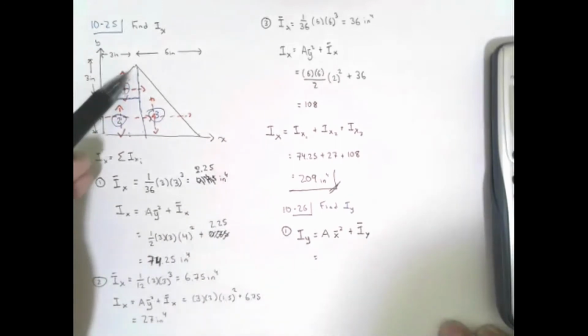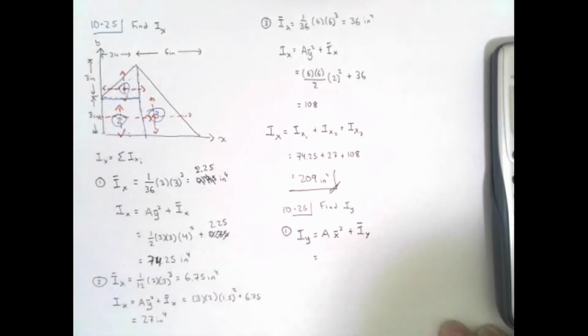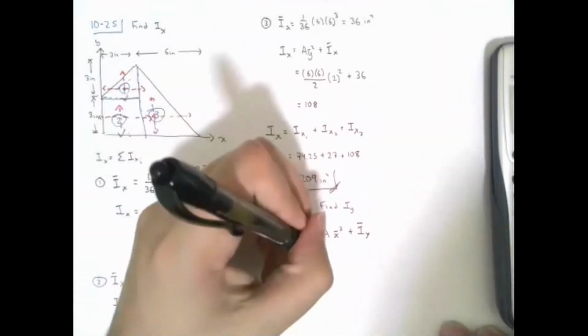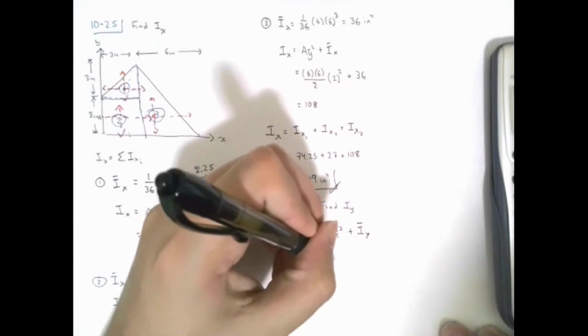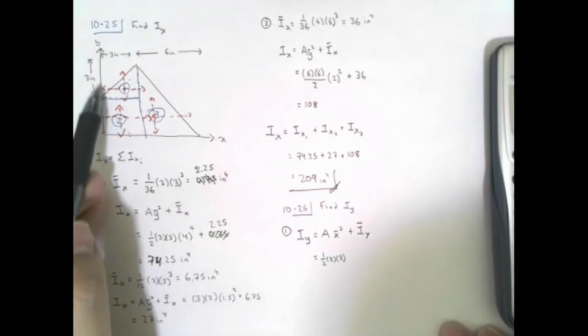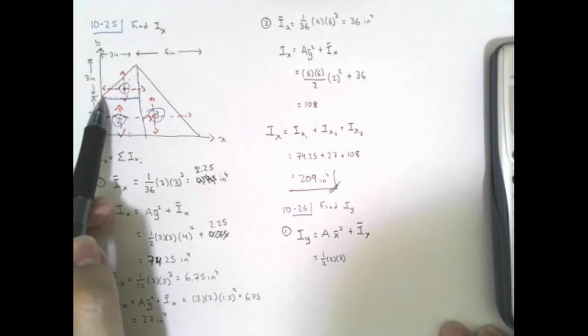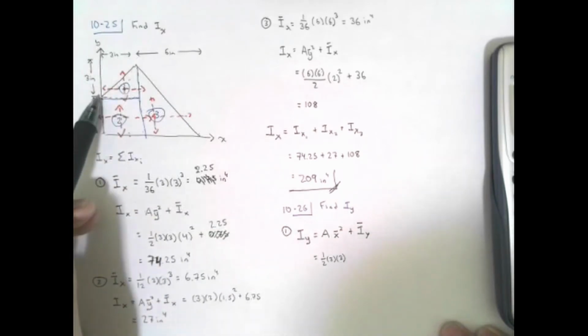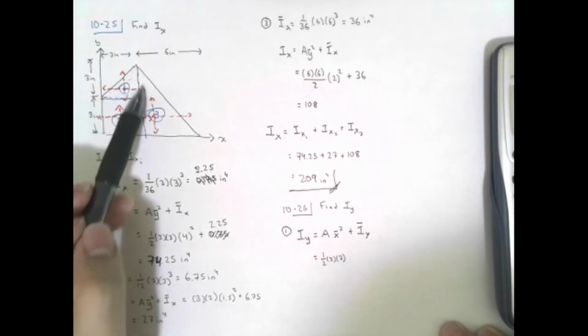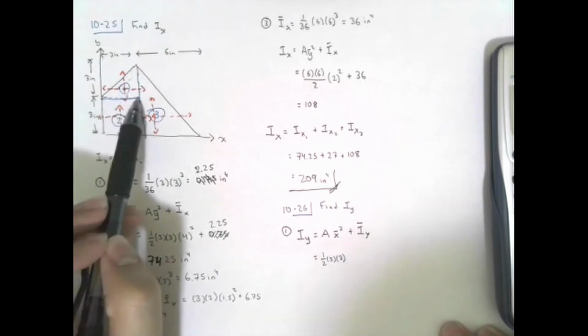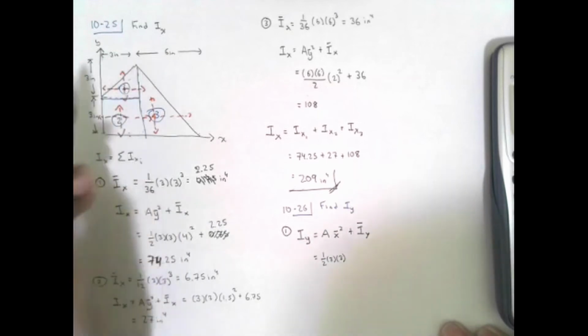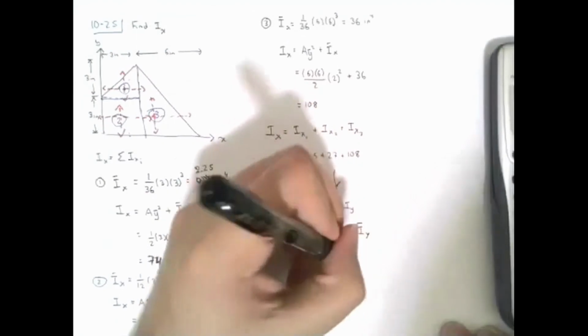So for this triangle, my area, once again, is 1/2 base times height. My distance to the centroid is the distance from the y-axis to the centroid of this element. Notice that this triangle starts with the little side and ends with the base. So the distance will be 2/3 of your base. So 2/3 of 3 is simply 2.